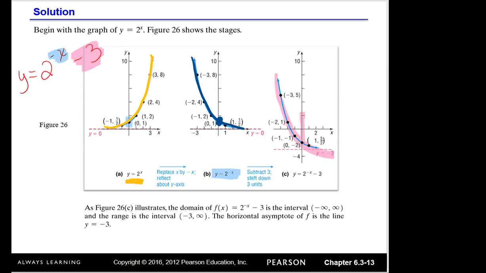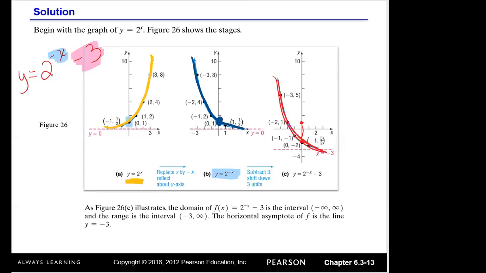It was at 0, 1, and it went down to 0, -2. Oh, I guess it didn't really start there. It started here, didn't it? Let me use a color instead. It was right here, and then it went down 1, 2, 3 to there. And that's the final graph right there.